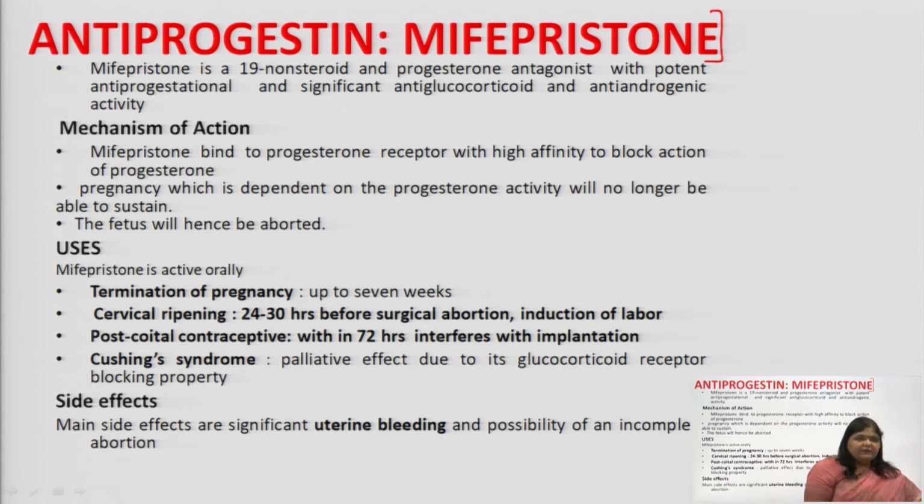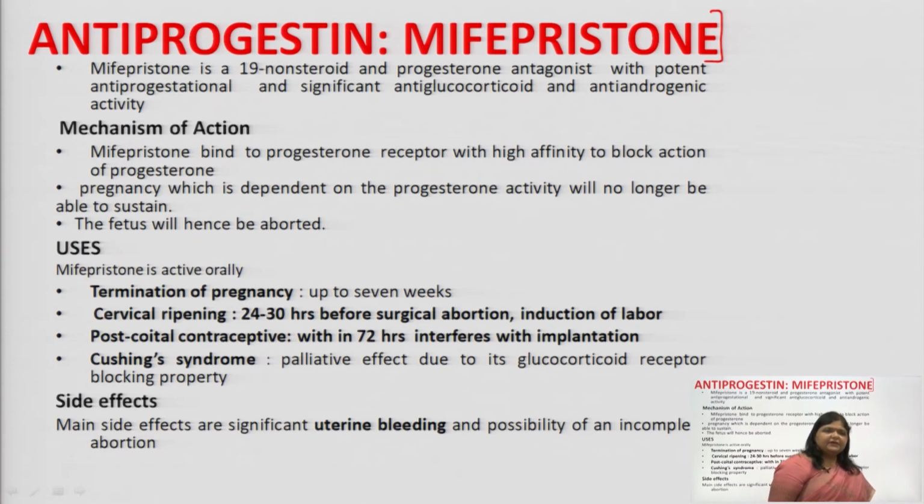So pregnancy which was dependent on this progesterone will not be sustained, and it leads to the abortion of the fetus. Fine. So as we can see from the mechanism of action, the work of progestin is to maintain and sustain the pregnancy, but what is the work of antiprogestin?